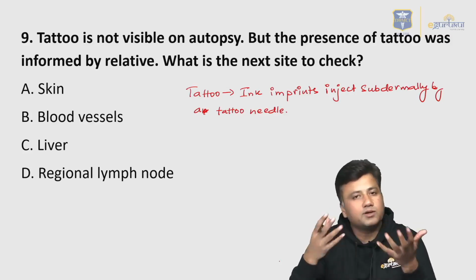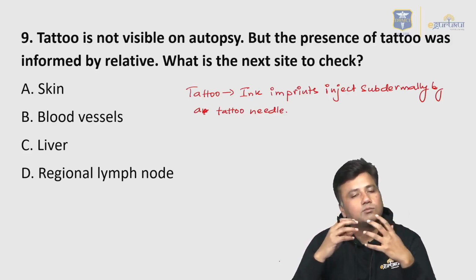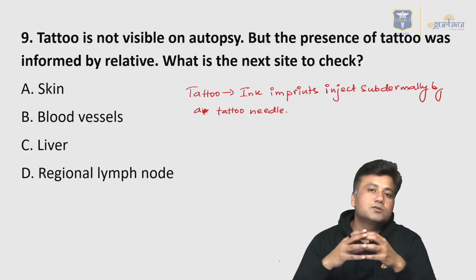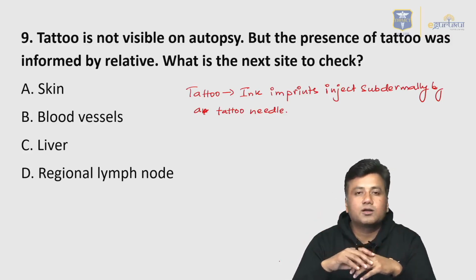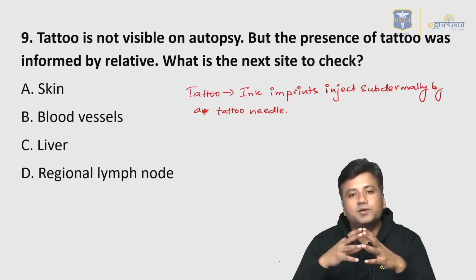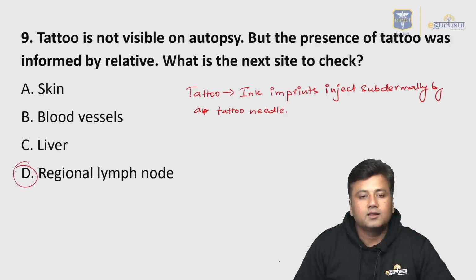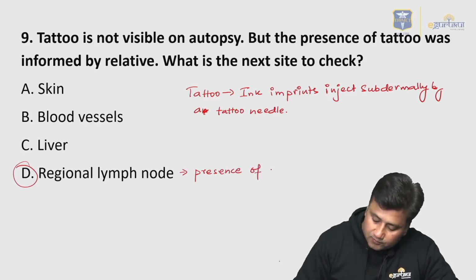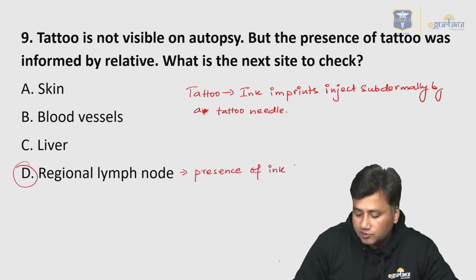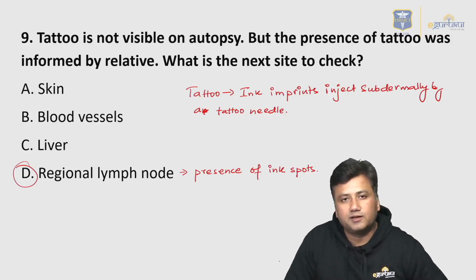So if for some reason the tattoo which was visible on the skin surface cannot be seen because it has been mutilated, or because of high decomposition of the body, or the local area has got burnt, but there are strong allegations that a particular tattoo was present there, to confirm the presence of the tattoo in that area, what needs to be looked for is the local lymph node, for the presence of ink stains or spots in that local lymph node draining that area.